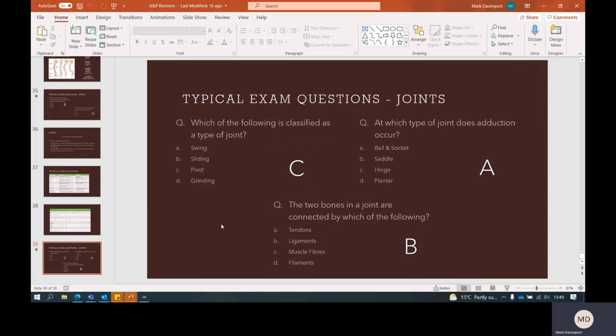And that is A, a ball and socket. And then, two bones in a joint are connected by which of the following? Is it tendons, ligaments, muscle fibers, or filaments? And that is B, ligaments. So always remember, bone to bone is ligament and bone to muscle is tendon. And that's how they're attached.